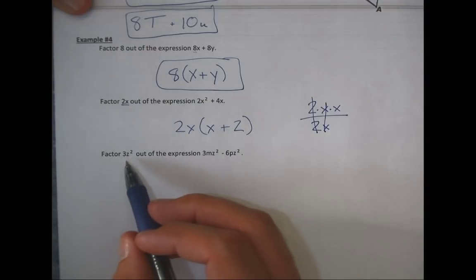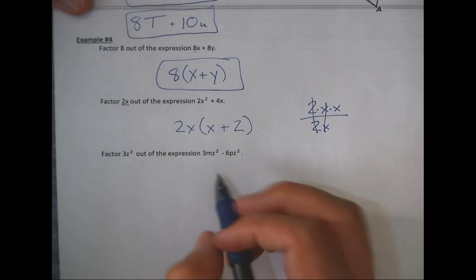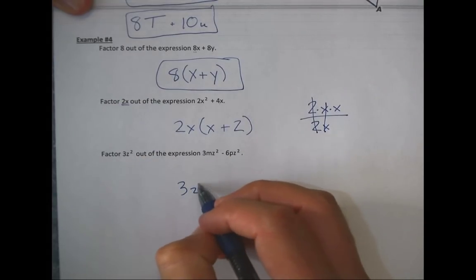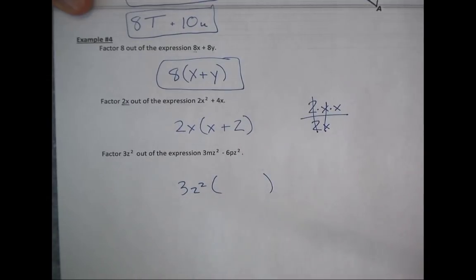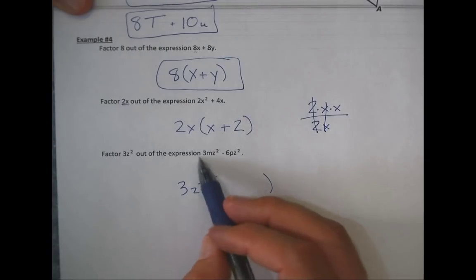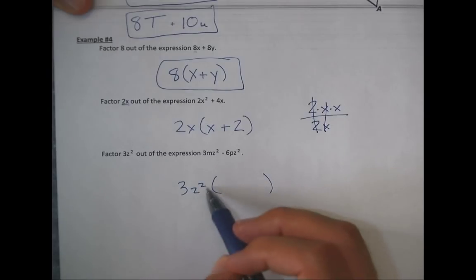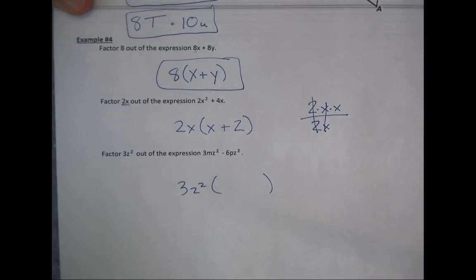All right, let's jump down here. 3z squared, we want to take that out of this expression here. So I'm going to have 3z squared on the outside, and I need to figure out what's on the inside. Let's figure out what's going to be left after I take 3z squared out of this.